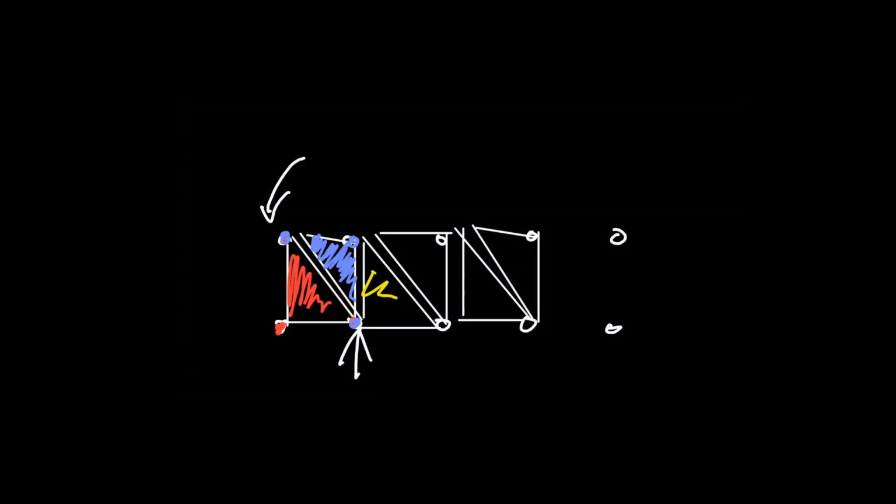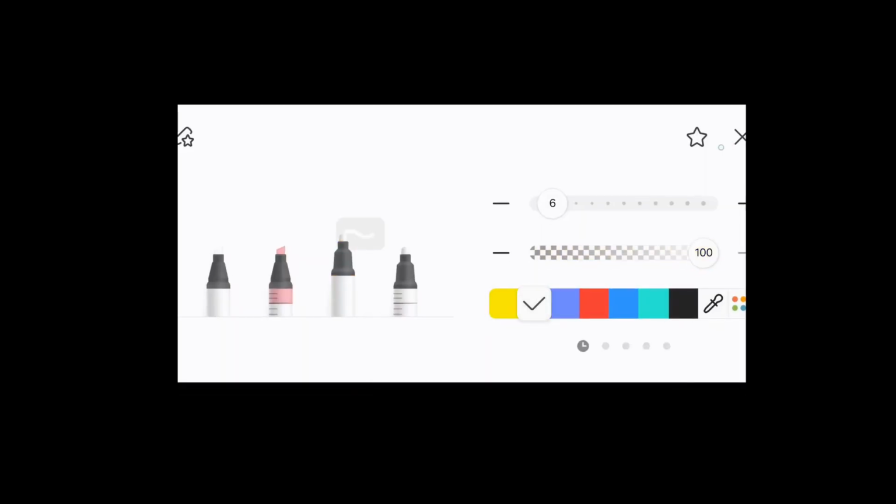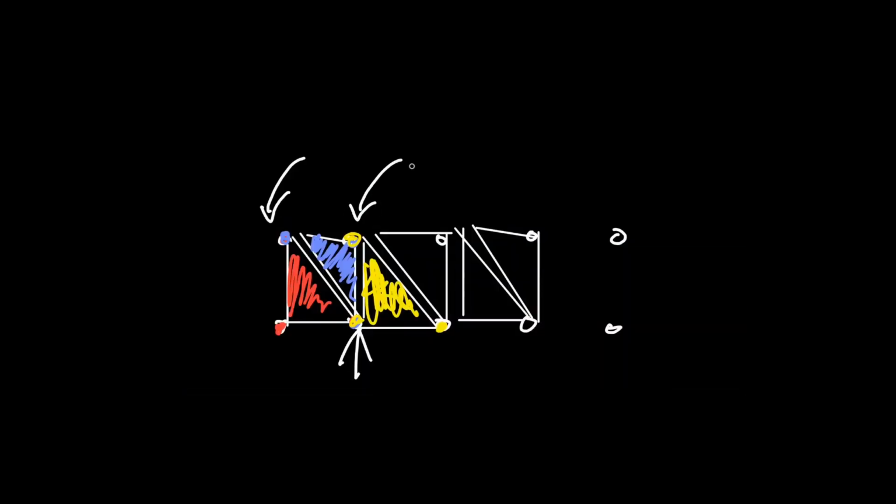So if I want to make this one yellow, I'm going to color this one yellow, and this one yellow, which sure, it's going to make this triangle yellow, but we have overridden these two vertices again. So now we messed up this triangle, and that pattern is just going to continue for the next one, the next one, and so on.